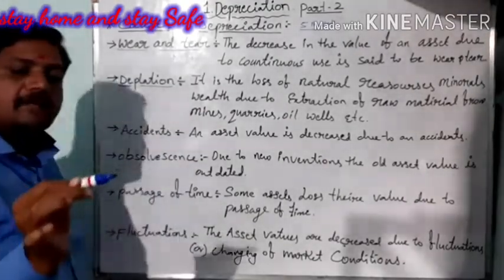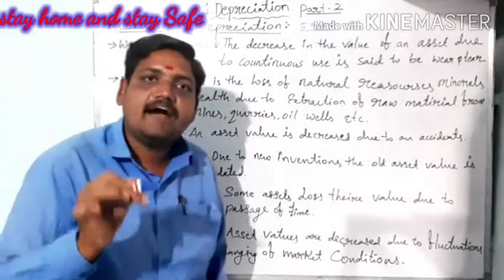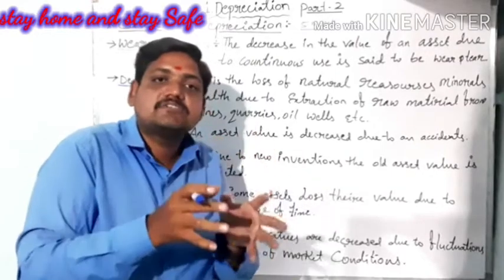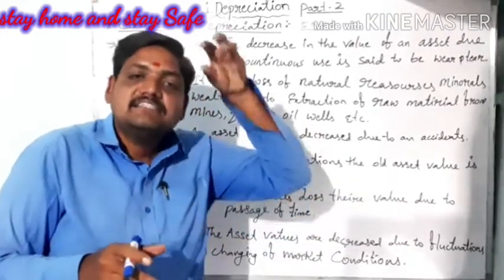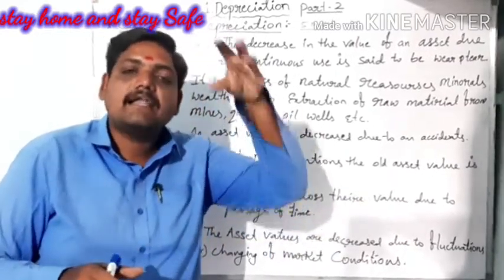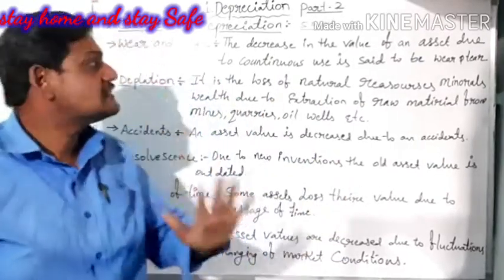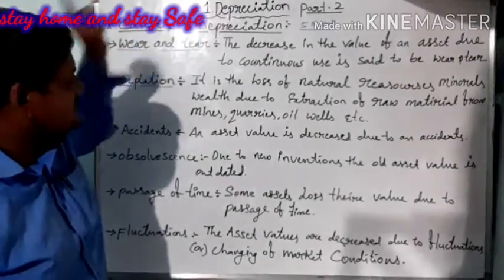Depletion is the extraction of natural resources from the earth, whereby land value is decreased. That decrease is called depreciation.